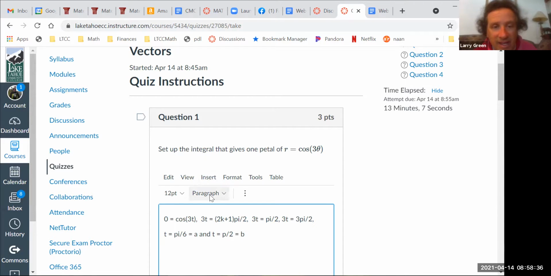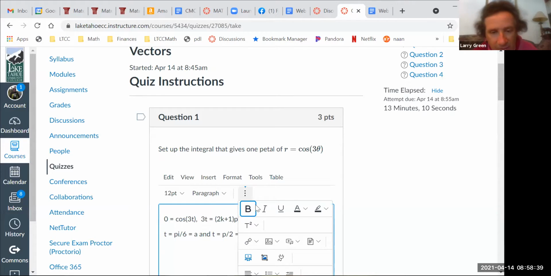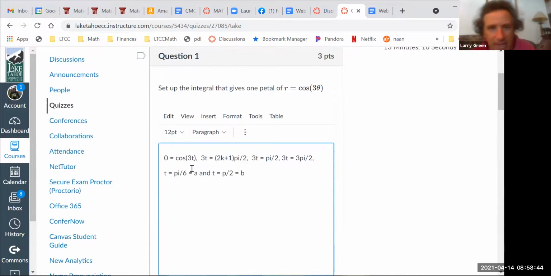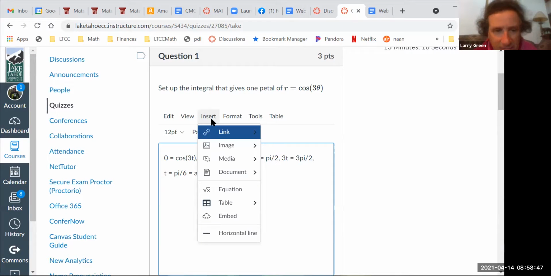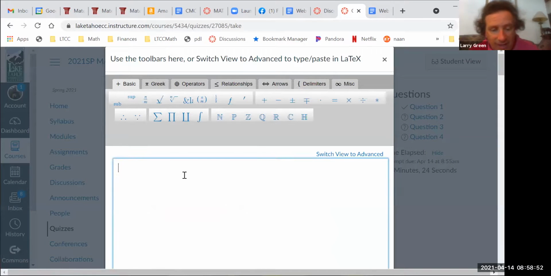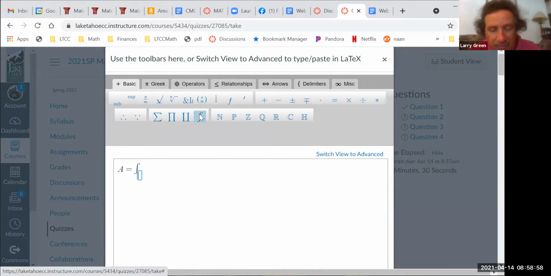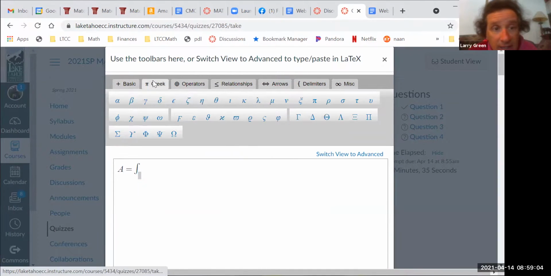All right, so now we just set up the formula. I think it's too messy to type it out, so I'm going to use an equation. So we have the area equals the integral from pi over 6 to pi over 2.